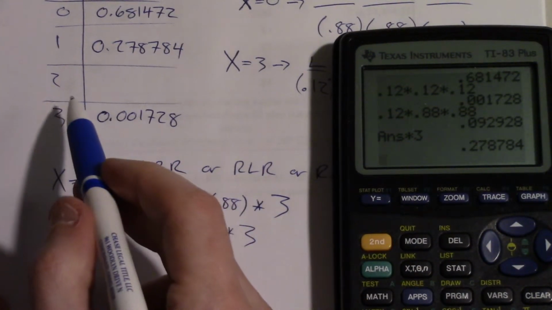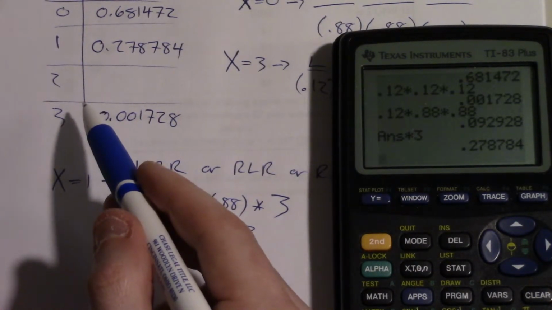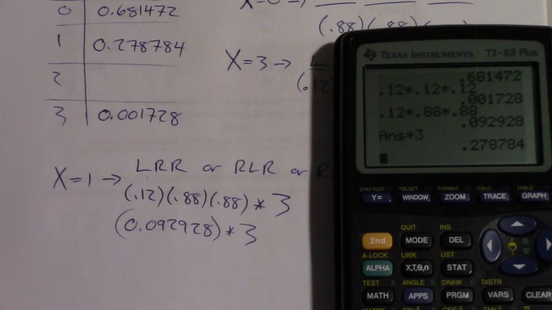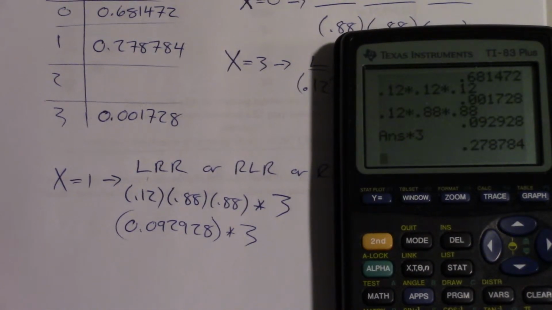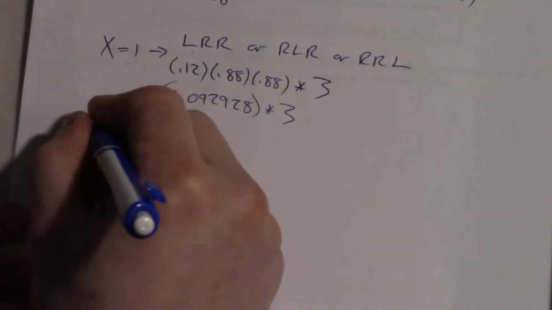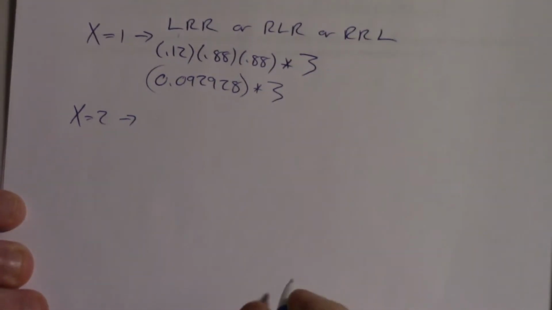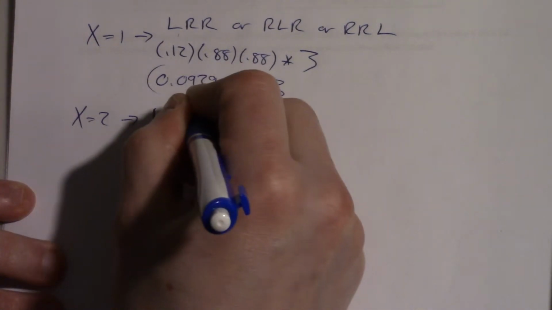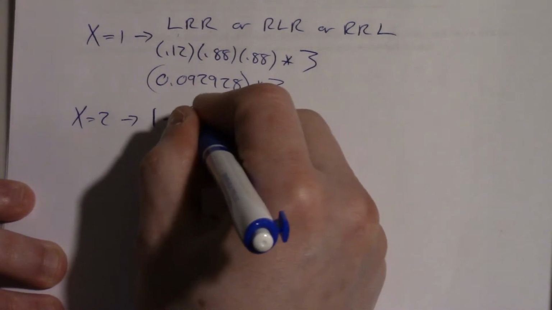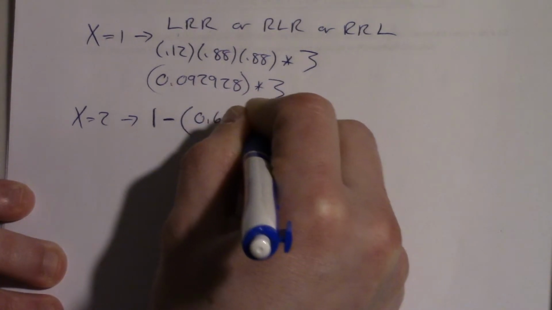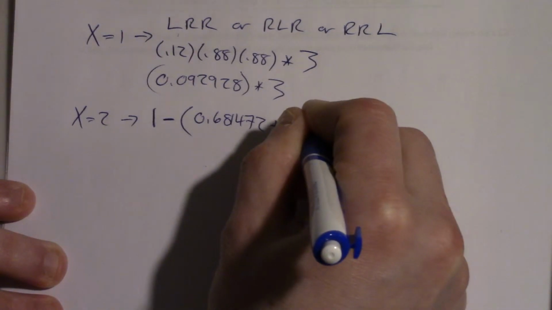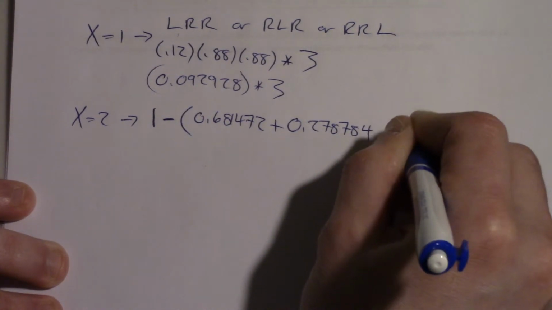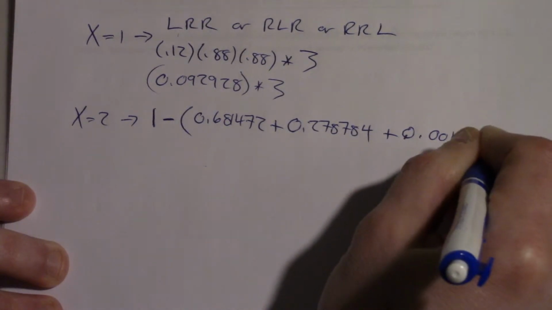So one more to go. Now the probability that X is 2, that we have 2 left-handed people and 1 right-handed person. So we can start with the complement rule, see what we get, and then we'll check it the non-complement way. So to find X is 2, we know that's what's left over in the distribution. So we want to do 1 minus all of the probabilities that we have already. So 0.681472 plus 0.278784 plus 0.001728.